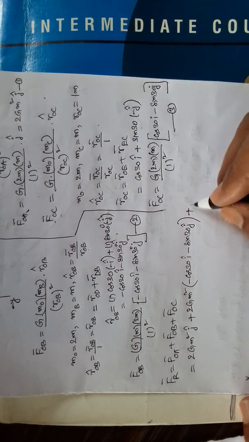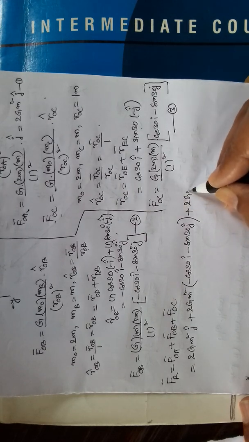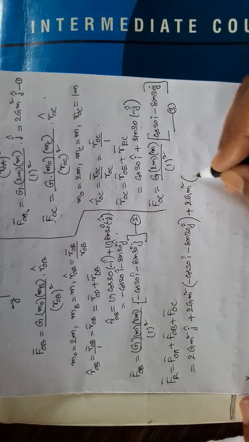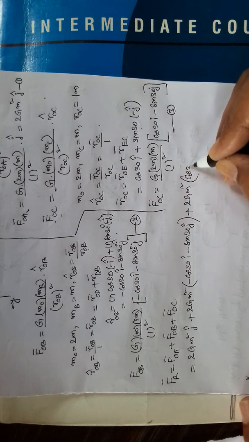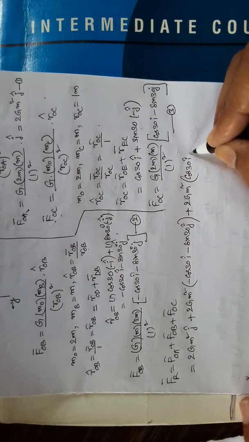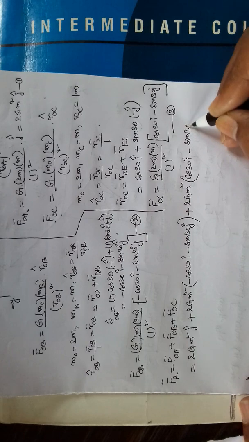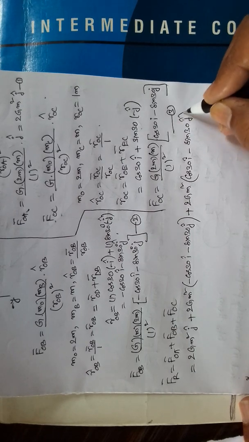Here FOC is there, 2Gm square cos 30 i minus sin 30 j.